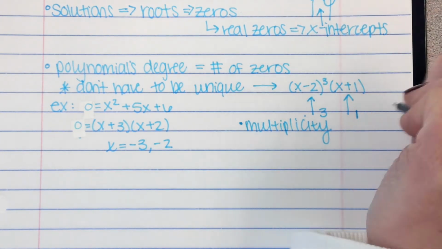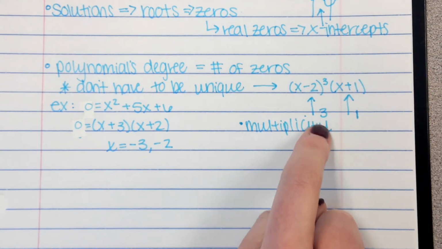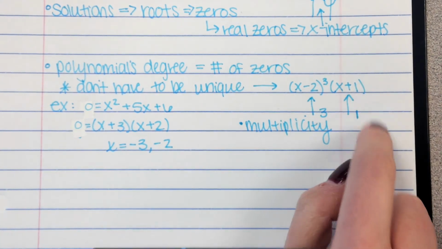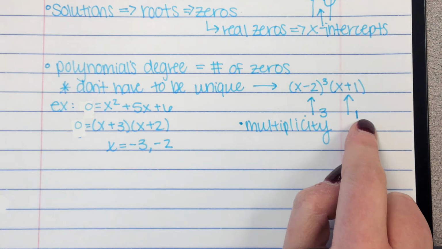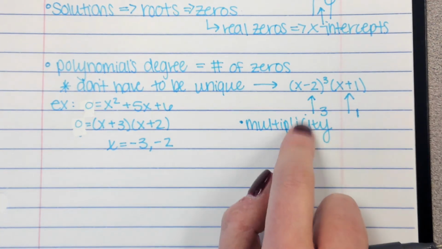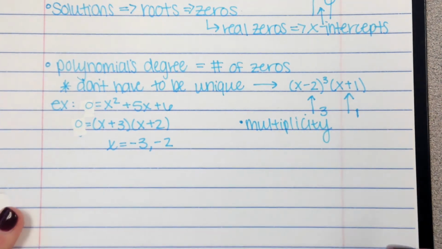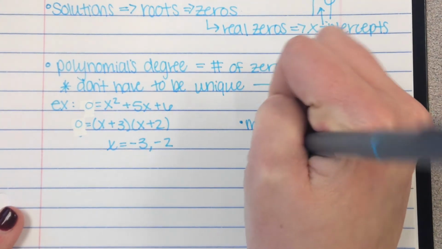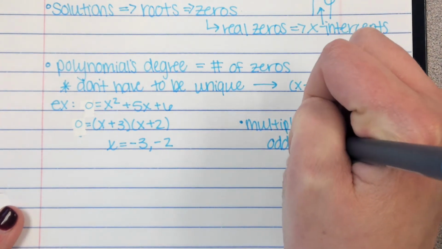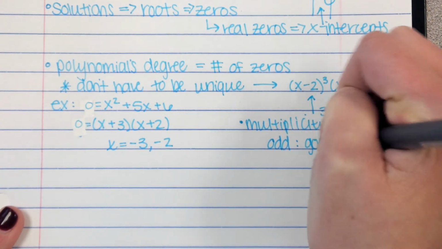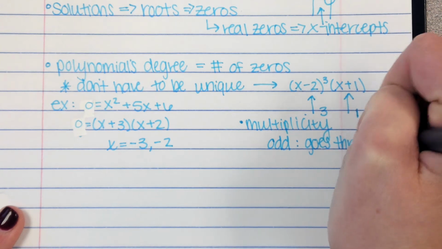Of this one, it's 1. So this zero happens 3 times. This zero happens once, okay? And then we talked about what happens at those x-intercepts if their multiplicity is odd or even. So remember, if it's an odd multiplicity, it goes through that intercept.